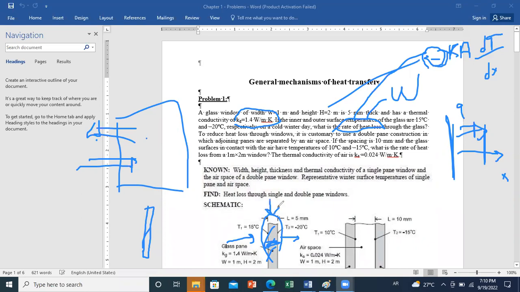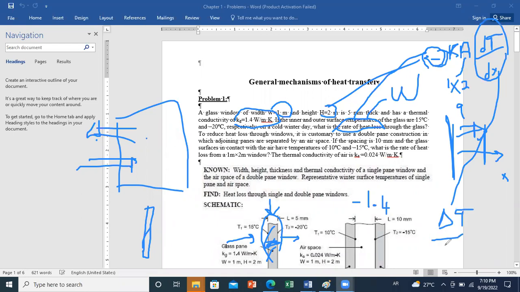So you just have to do minus 1.4 times the area. The area of your window is given because you have the height and the width, so it's 1 times 2. Now, we can assume a linear profile of variation of temperature within the window. Because of that, you can deal with dT by dx as follows: it's delta T over delta x.